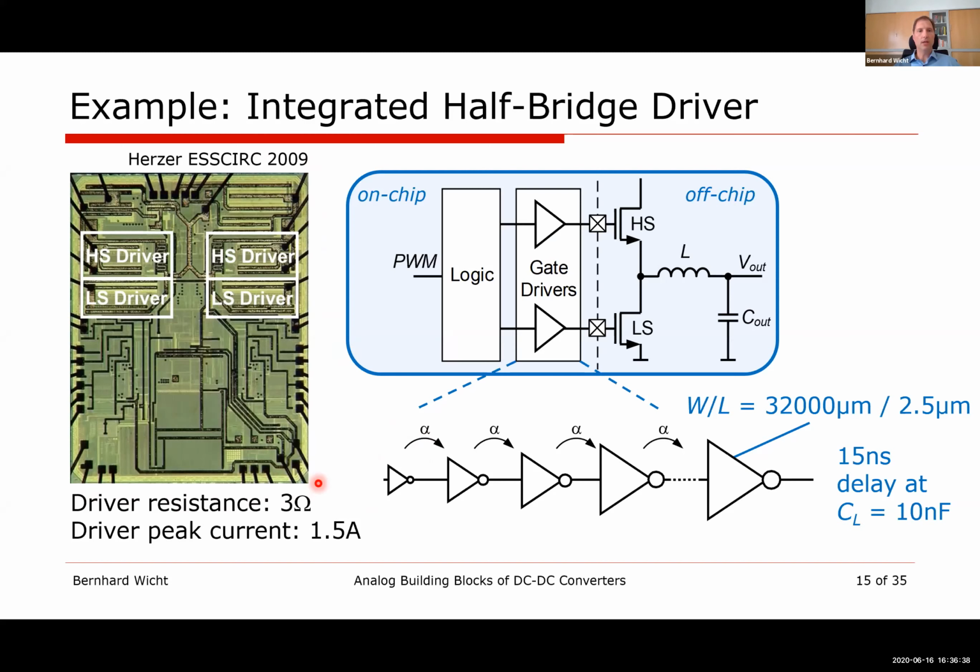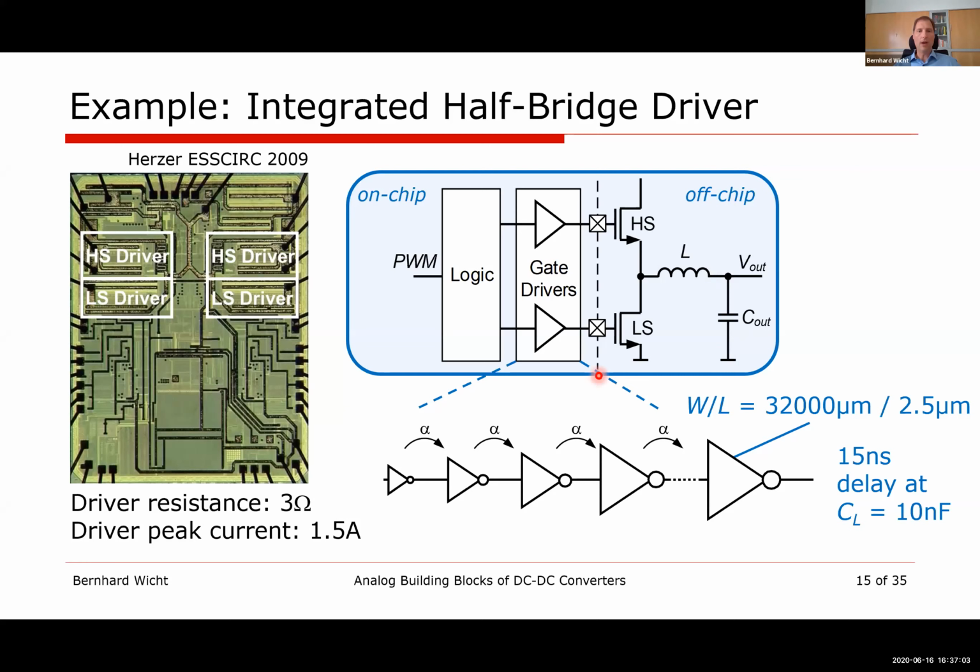This is an inductive buck controller IC. It's actually a dual buck, which means we have 2 step-down controllers on the same die. This is the circuit. It's a controller because the power stage is off-chip, so the half bridge plus the L and C, as we have seen in the very beginning.